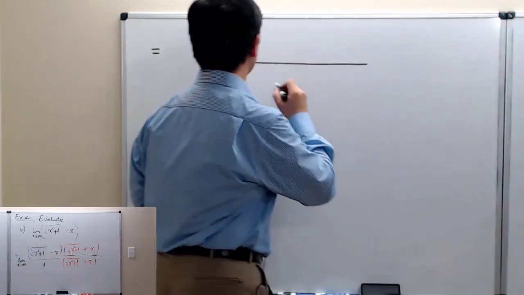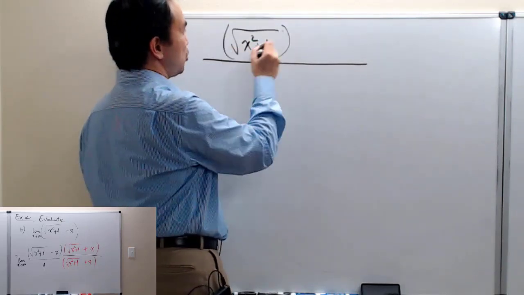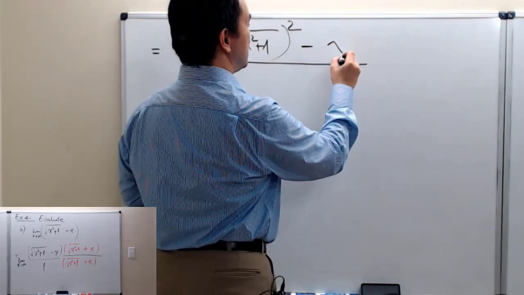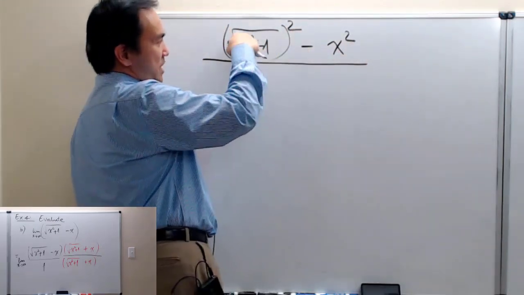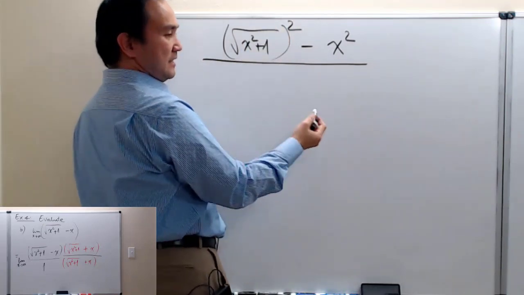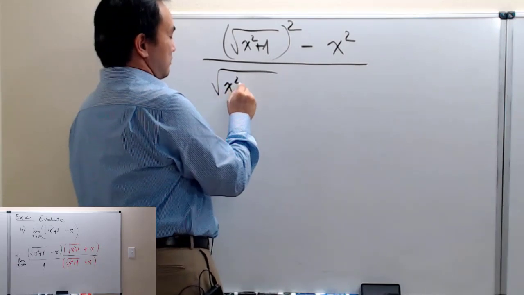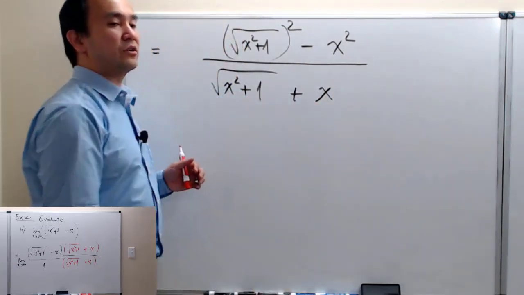We're looking at the square root of x squared plus 1, but being squared, and then minus x squared. See, now we have a difference of two squares, and one of our squares has a square root inside. In the denominator, things simply become the square root of x squared plus 1, plus an additional x outside of the square root.